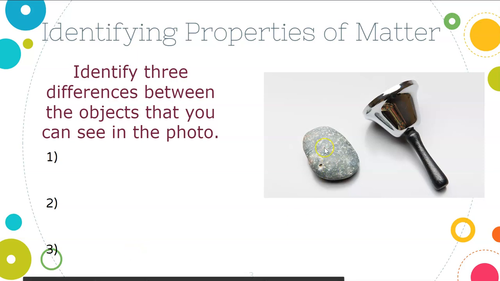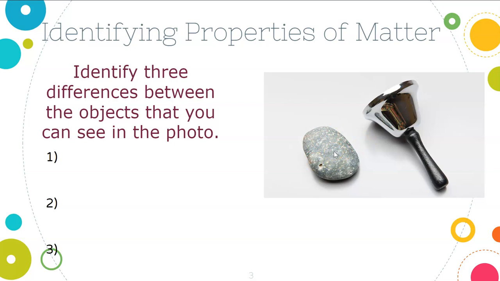Okay, so let's take a look at the rock and the bell. One of the first things that you probably were able to observe that's different about the 2 is that the bell is nice and shiny and the rock is kind of dull in color. That's one difference. Another difference you might have noticed is that the bell is made out of metal and the rock is not made out of metal.